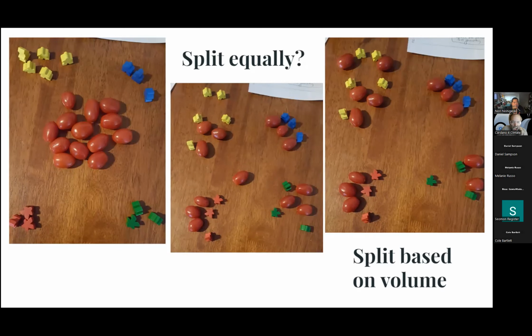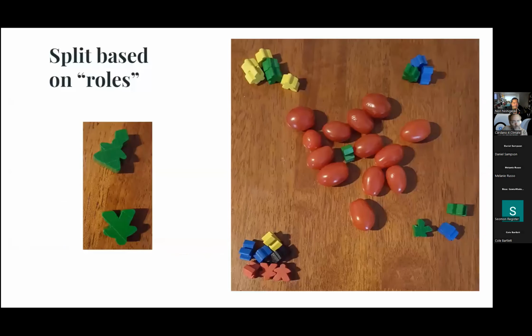Or somebody works harder than another one and we divvy it up that way. Don't know, that's based on volume. Or we come along and we define the roles after the fact. Now this has definitely been an issue, and Daniel, certainly something you've brought up, that we need to have these roles defined in advance.